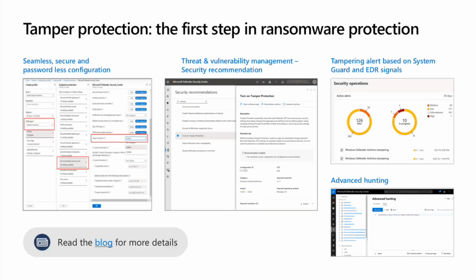Now, I always like to throw this slide in here when I'm talking about this section because we're talking about ransomware. It's definitely one of the bigger threats that's out there from an endpoint perspective. Sure, it touches on a few different domains, but when it comes down to ransomware, endpoint protection plays a big part in defending against it. And tamper protection is a feature in Defender that basically stops anyone from turning it off or changing settings.